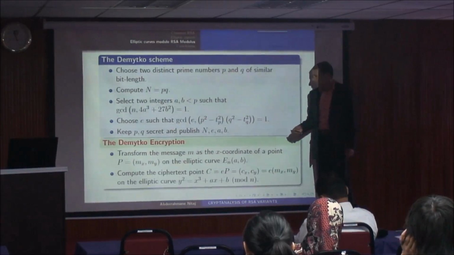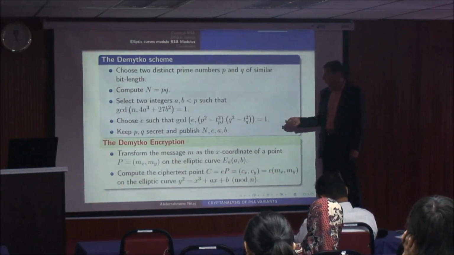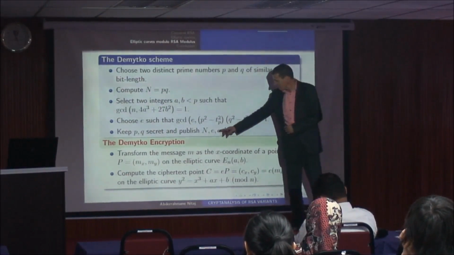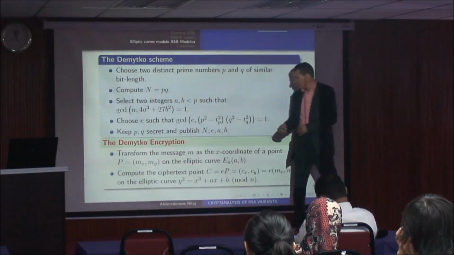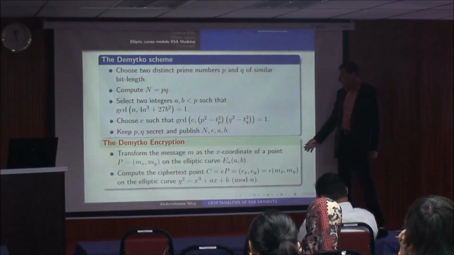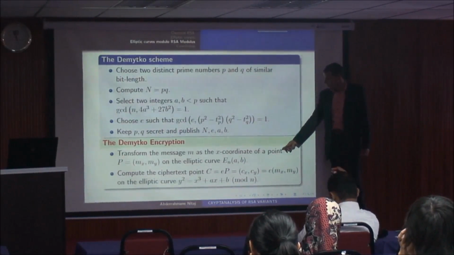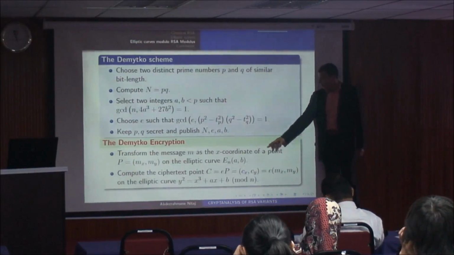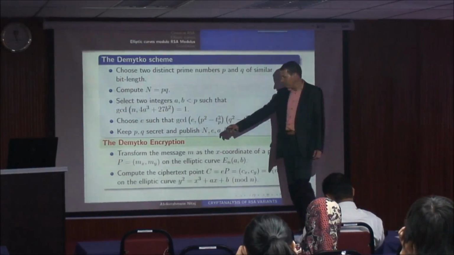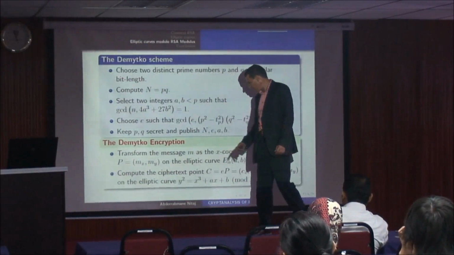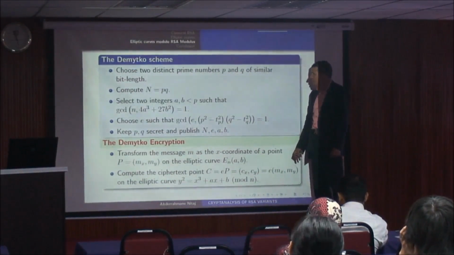The private key will be P and Q, and the public key will be n, E, and B. So in the Vitko scheme, the encryption works like this. First, we transform the message as the x coordinate of a point. The point is P, which is (mx, my) on the elliptic curve E.